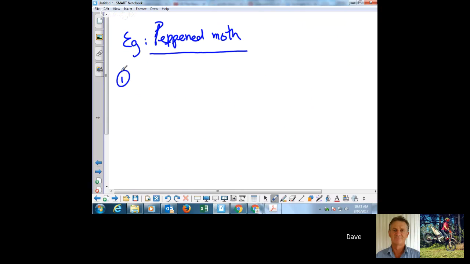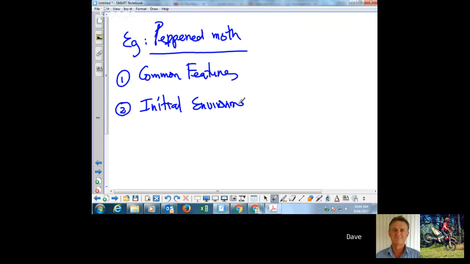And so I said, what are, first of all, the common features of the moths to start with? Then I said, what was their initial environment like? Then what were some of the variations?